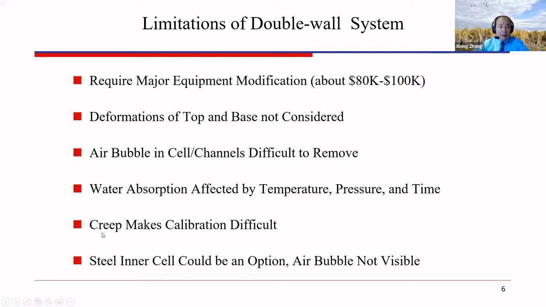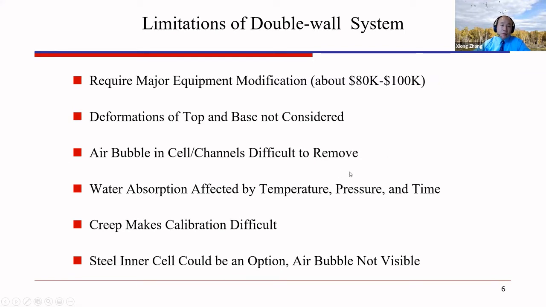Another thing is the acrylic cell can creep under pressure, which makes the calibration process very difficult. You can use a steel inner cell, but you cannot see the soil specimen anymore. You cannot see if there's an air bubble inside or not. So yeah, these are the limitations of the double wall system.